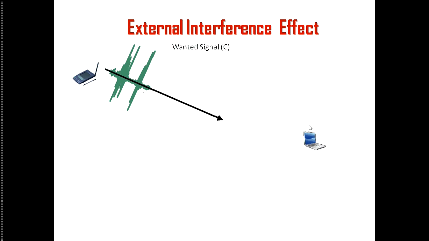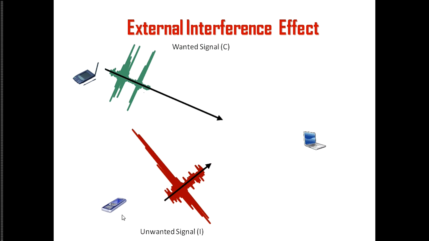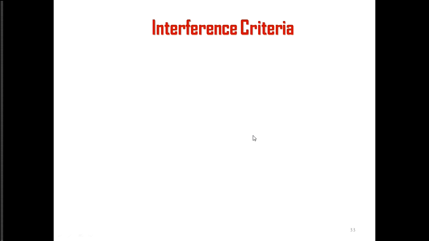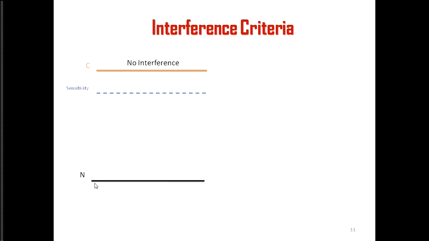So finally, we come to the quantifying of interference. As we mentioned, a particular receiver receives the wanted signal, and sometimes there is an interferer. The receiver listens to everything, so it receives the C and the I, and the C over I, signal to noise interference ratio. When there's no interference scenario, we have our own carrier, the noise level, and the minimum acceptable wanted signal, which is called the sensitivity.